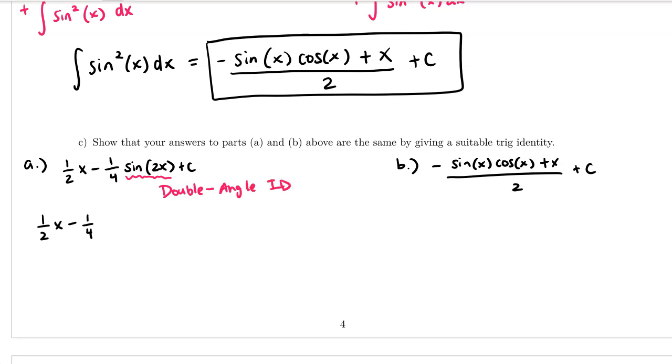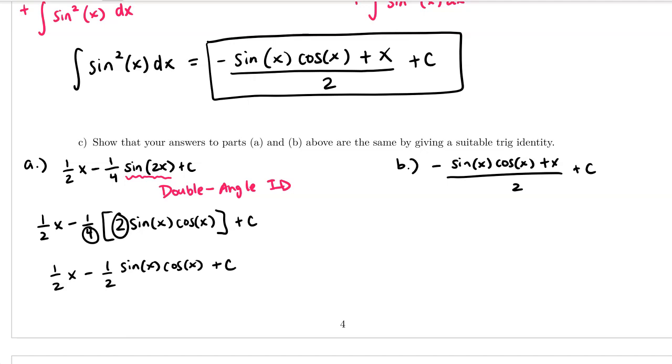And if I rewrite that, that is the same thing as 2 times sine of x times cosine of x. And so what happens is we get 1/2 x minus, and then this 2 and this 4, that will become 1/2 sine of x times cosine of x plus c.